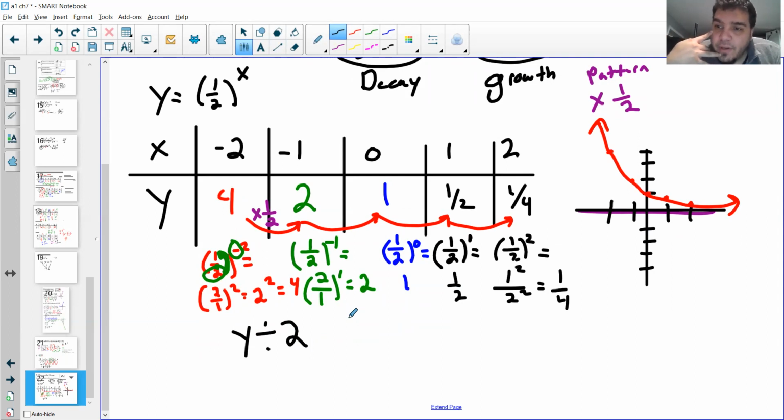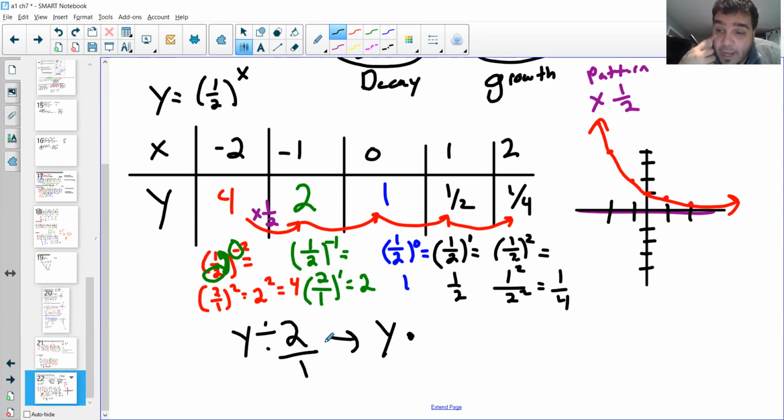Does anyone remember, how do you divide a fraction? What would you do? Flip it. Flip it. So you would do keep, change, flip: you keep the y, you would multiply, and you would flip this fraction.